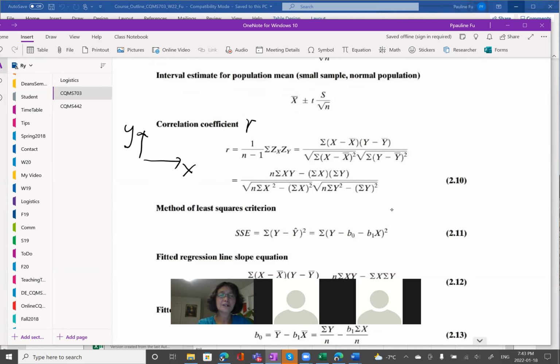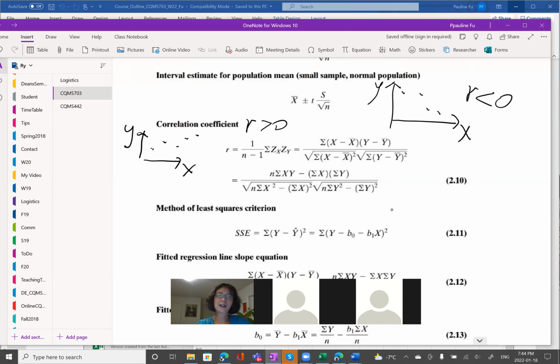If the scatter plot of x, y is like this, it means when you increase x, y also increases. You have a positive correlation coefficient. And if the scatter plot between x, y looks something like this, you have a negative correlation coefficient. It means when you increase x, y decreases.